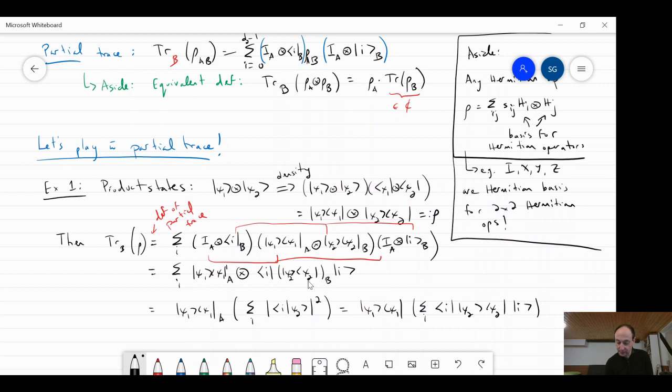Okay, and why am I doing it this way? Well, because this is just the definition of the trace. This is the trace of the operator psi2. So this is just the scalar trace of psi2. That's just the definition of the trace.